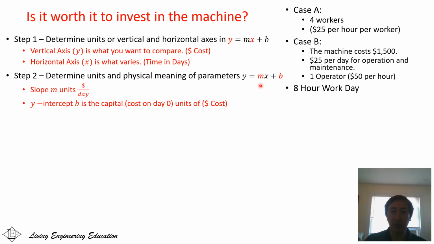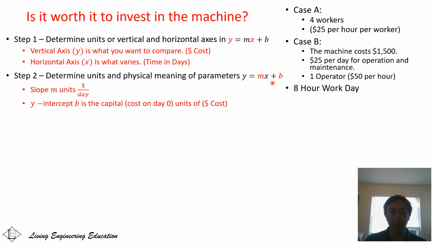For this equation to be true, every set of terms needs to have the same units. The y term needs to have the same units as the product of the m and x term, and the same units as the b term, because they're just added together, right? When you have terms that are added or subtracted in an equation, each of those terms must have the same set of units, right?